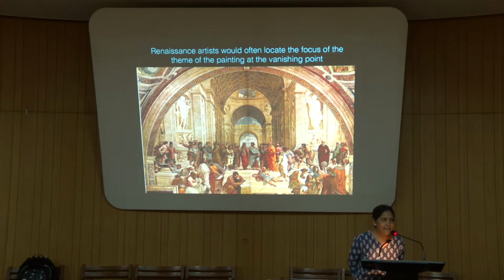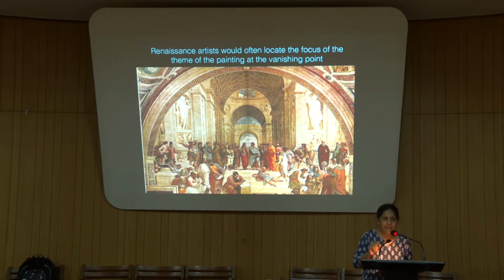So Renaissance artists appreciated this idea, they noticed this, and apart from the geometric concept of these parallel lines meeting at a definite point, they also added some extra meaning to that special point, the vanishing point.